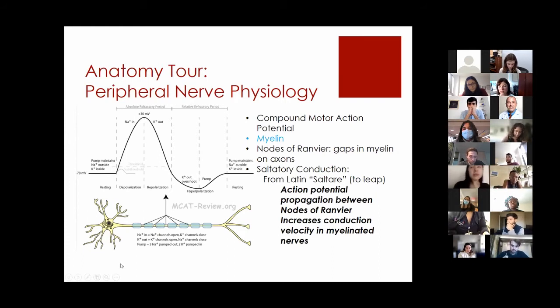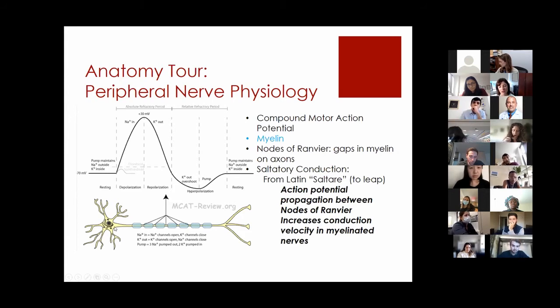One of the themes we'll see in peripheral nerve physiology is that a lot of the peripheral nerves are myelinated. In the peripheral nervous system, there is a regular but intermittent pattern of myelination. In between the myelinated segments are the nodes of Ranvier. This is where we see saltatory conduction, which is a way of speeding up conduction velocity in myelinated nerves.